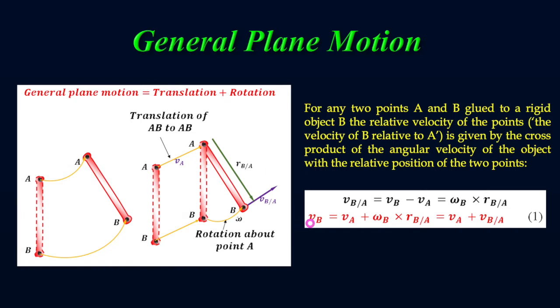So VB is equal to VA plus VBA, that is equal to VA plus, substituting VBA like this, omega cross RBA. Here it is the cross product of angular speed and the radius vector. So this is a very important equation to solve the numericals.